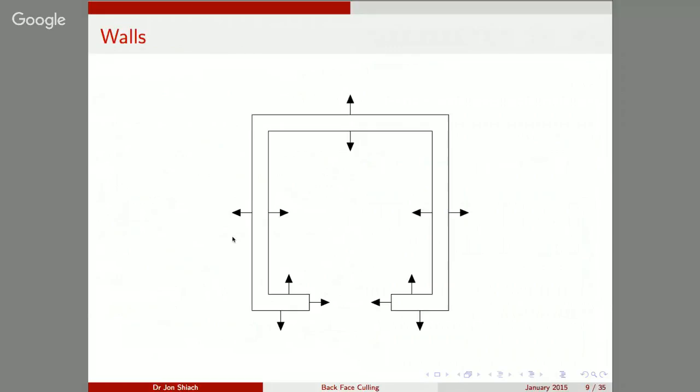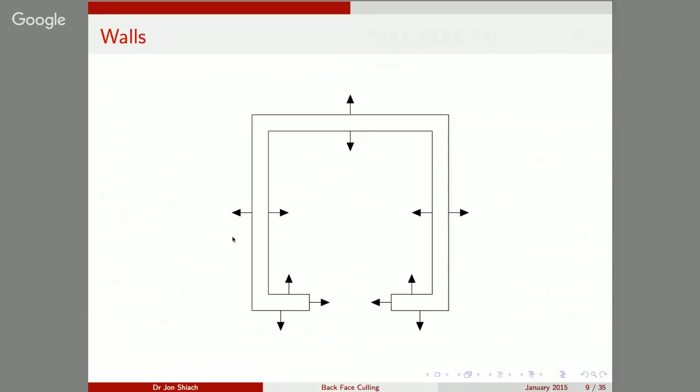When we build our virtual worlds, we've got to make sure that, for example, if we have walls which can be viewed from both sides, we need more than one polygon to construct that wall. If you have a building in a virtual world which you can go into, you need polygons for the interior walls, and when you go outside of the building, you need polygons for the exterior, and they've got to point in different directions.